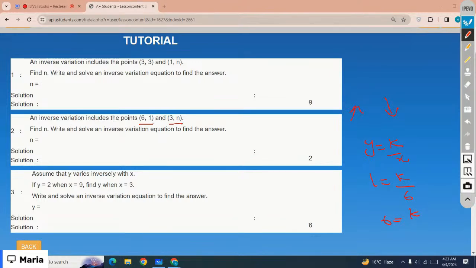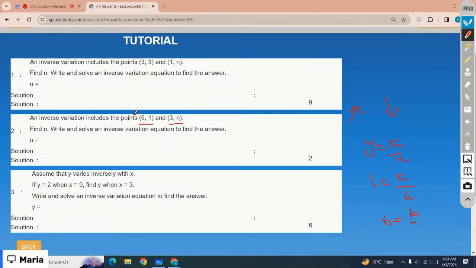That is y equals k divided by x. Mm, the equation is, okay, yes, the equation is y equals k over x, right?